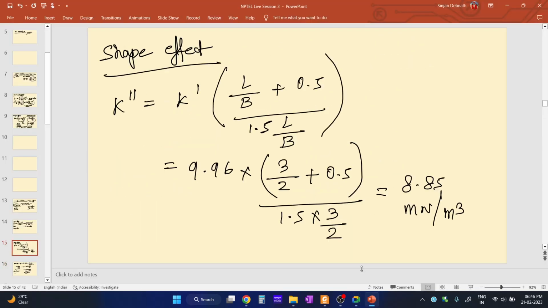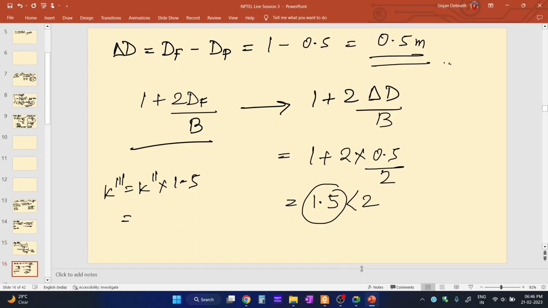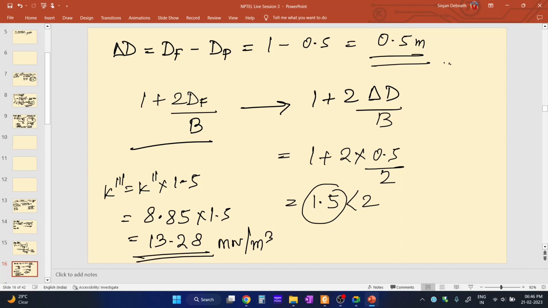K double dash is 8.85 meganewton per meter cube into 1.5. That will come out to be 13.28 meganewton per meter cube. So in this way, we are incorporating all the effects, the size, shape, and the depth, the difference in depth.